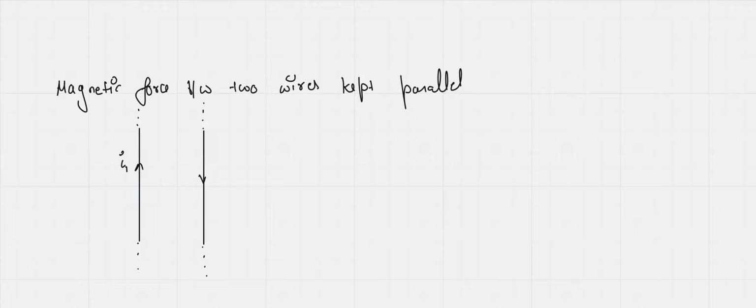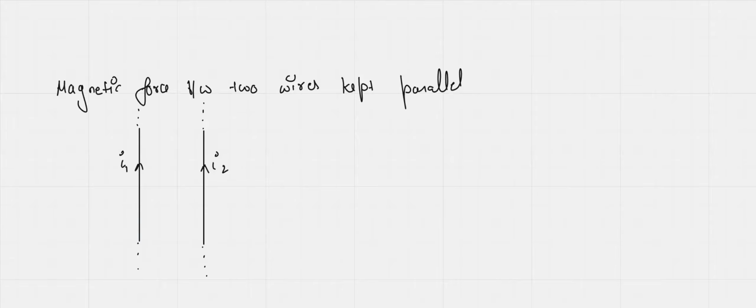Although I'm going to solve the whole thing, my question is, what do you think? I'm not asking you the value right now. I'm just curious to know whether these two wires are going to repel each other or attract each other in the given condition. Just put some logic.